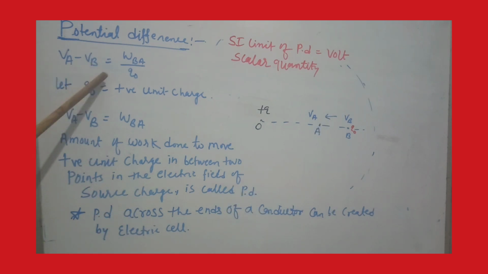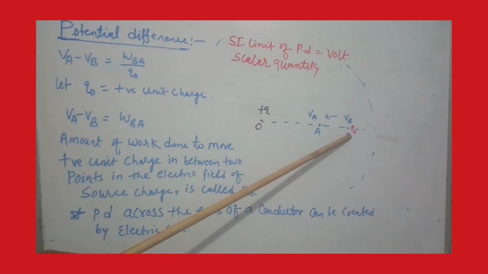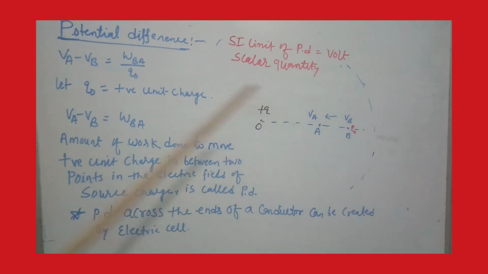So VA minus VB is equal to work done to bring charge from B to A upon the charge which is being brought. So which type of charge are we moving? We are moving positive Q naught charge. Suppose Q naught is taken as positive unit charge, it means its value we are taking 1. So as we take its value 1, VA minus VB is equal to WBA.